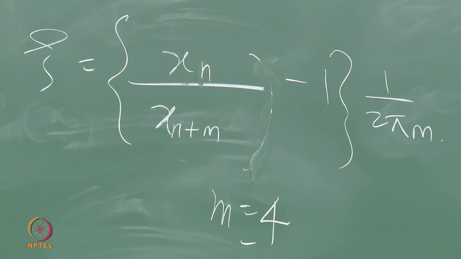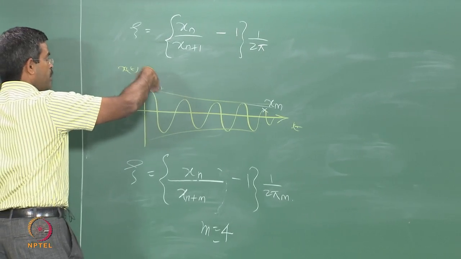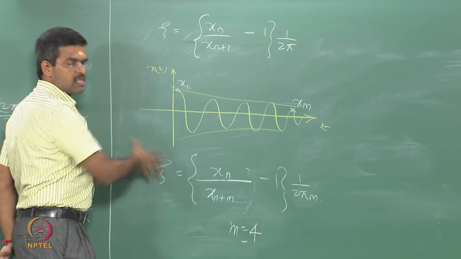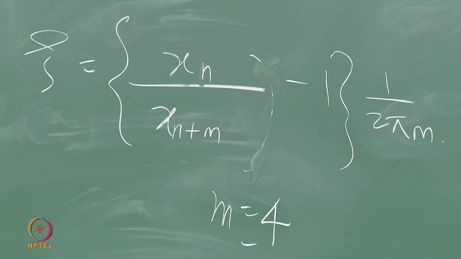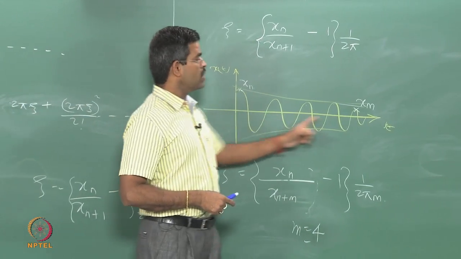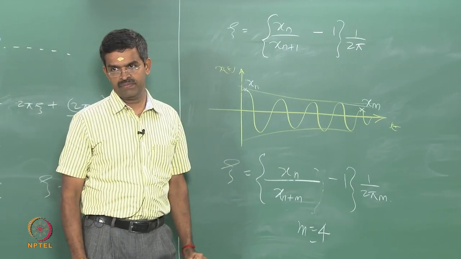It is very interesting for you to know that whether you pick up the successive amplitudes or pick up mth amplitude, zeta will not change significantly. But it is very difficult for you to get a system which is having a decay with a very long cycle. This indicates system is highly elastic.